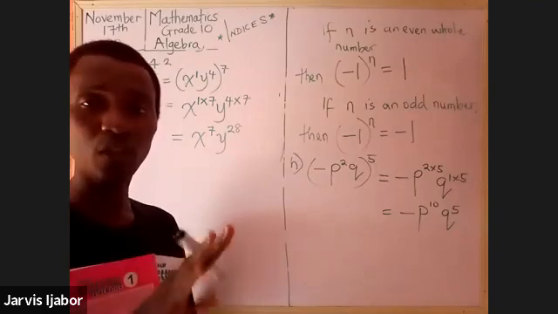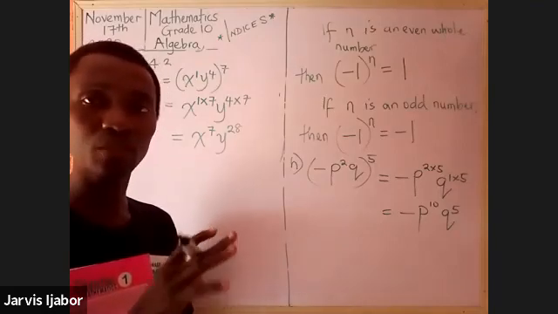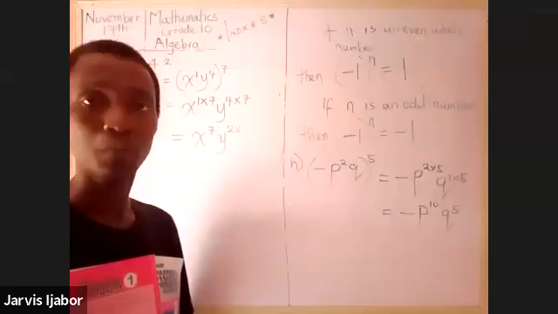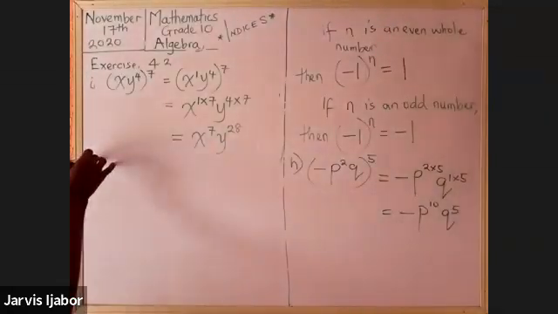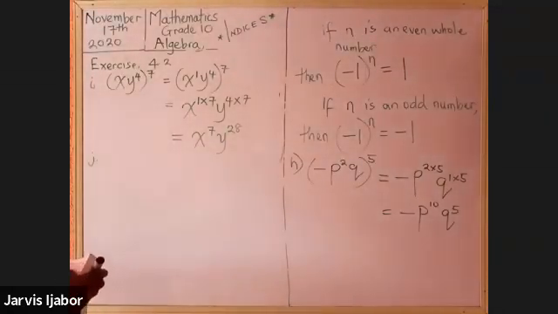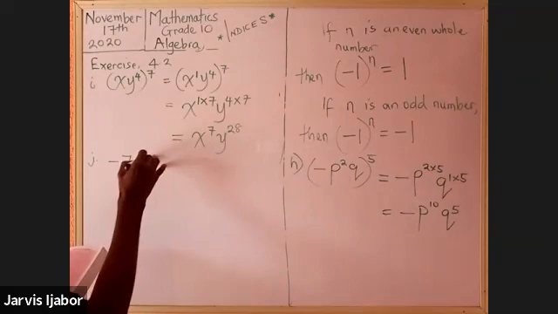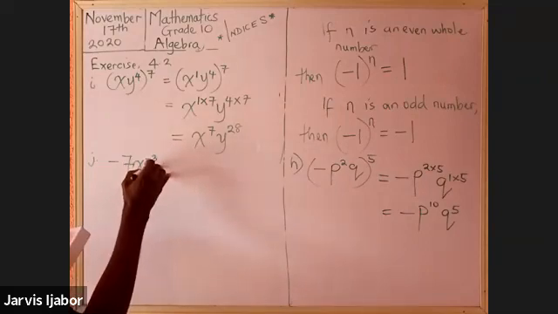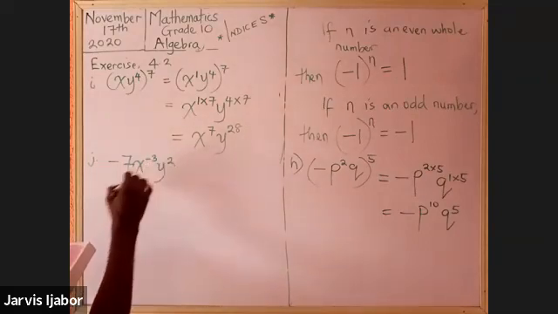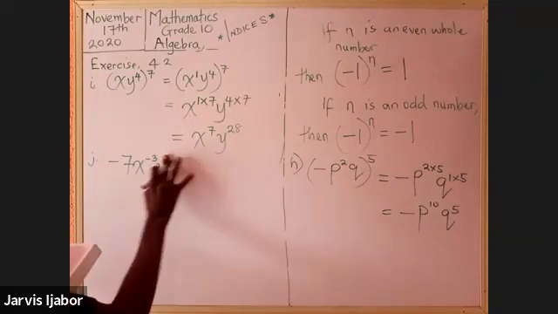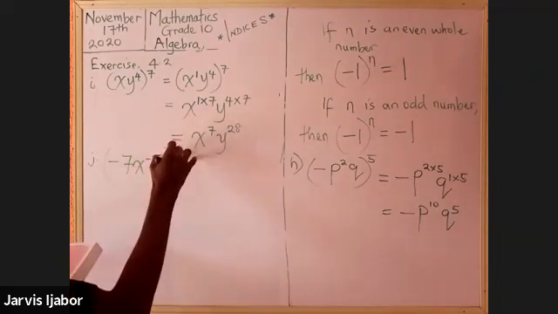So if you discover you're a bit shaky in multiplication, you may want to go back and do some brush up. Right, then we'll go to J. For J, what you have is -7 x to the power of -3 y to the power of 2, everything raised to the power of 2.